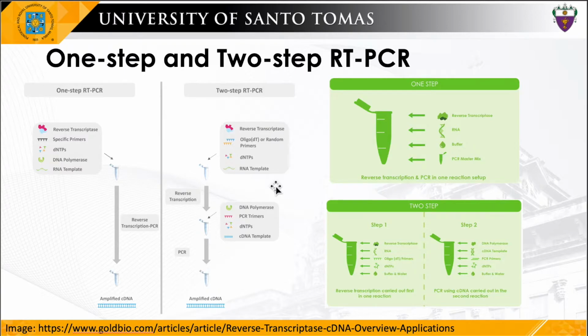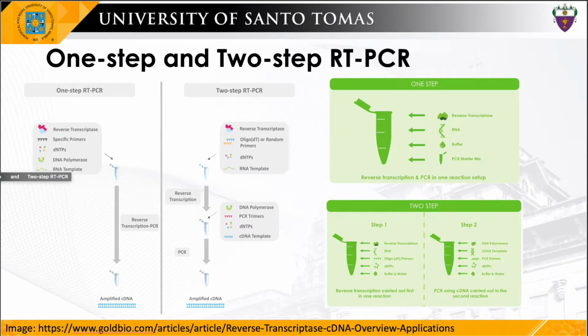So several primers can be used, which are the oligo-dT primers, random hexamer primers, gene-specific primers, or a combination of them. And this is best for assessing multiple targets from few RNA samples. Okay, so those are the two.